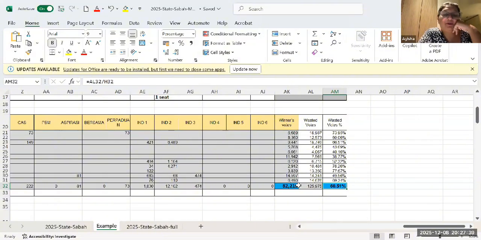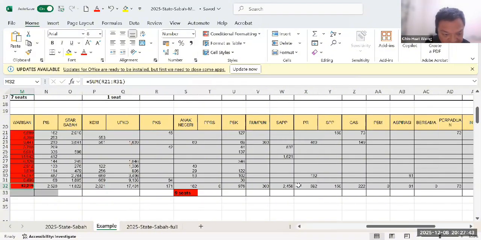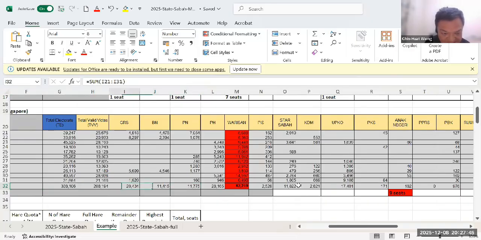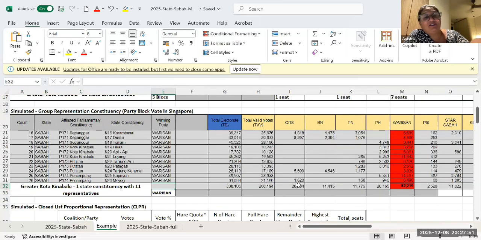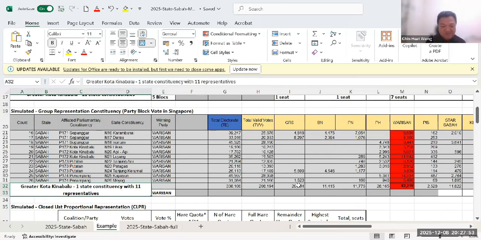But how do you group them, Prof? I group them by calculating the total by parties. So for the simulation, the Greater Kinabalu, you have this group, right? And then how do we group the rest? If you're going to do it for the whole of Sabah, you're just going to have Sabah as one state constituency with 73 representatives.